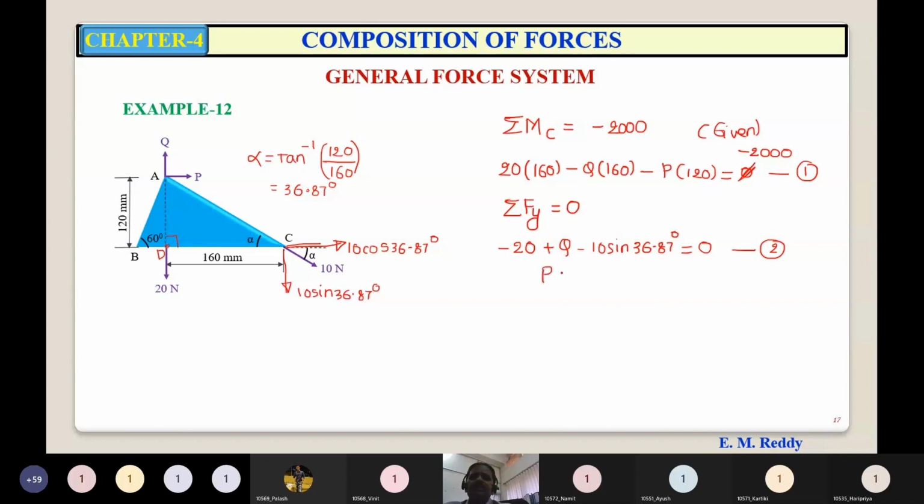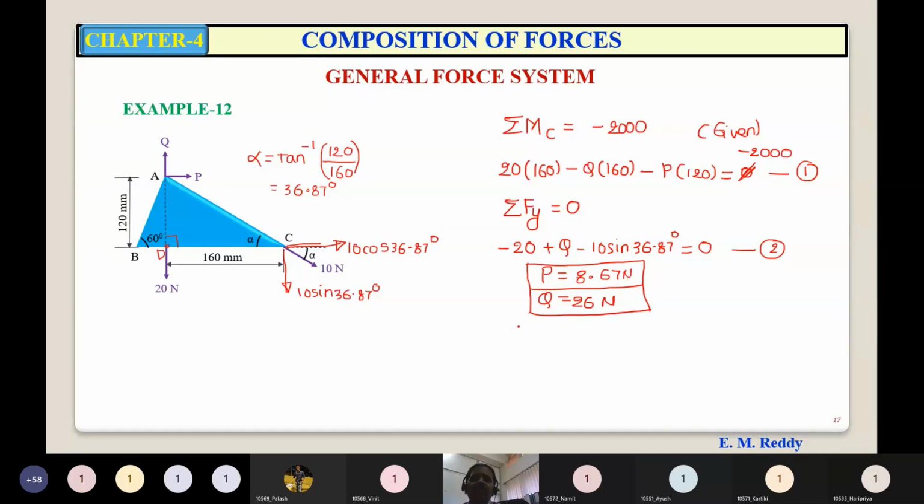So solving these two equations, you will get the values of P and Q. Q is 26 and P is 8.67 Newton.